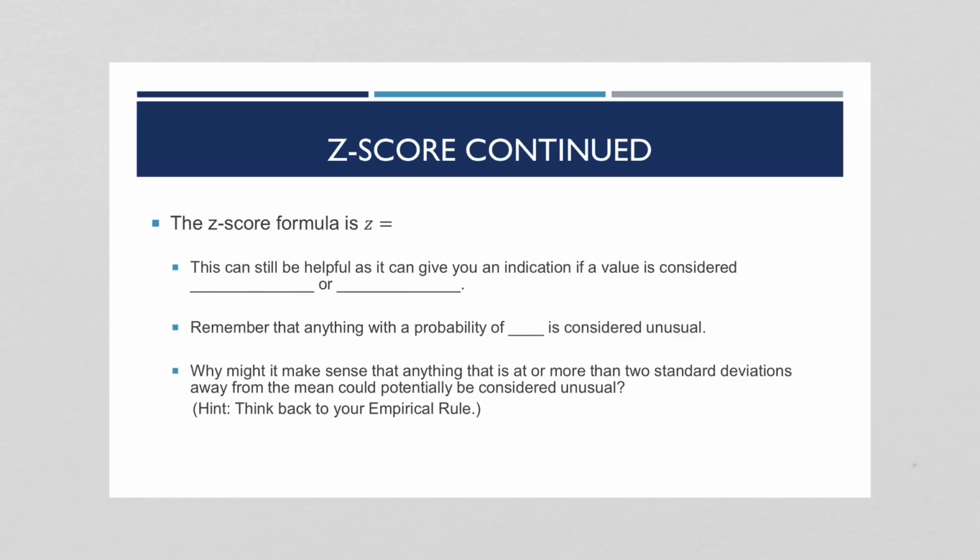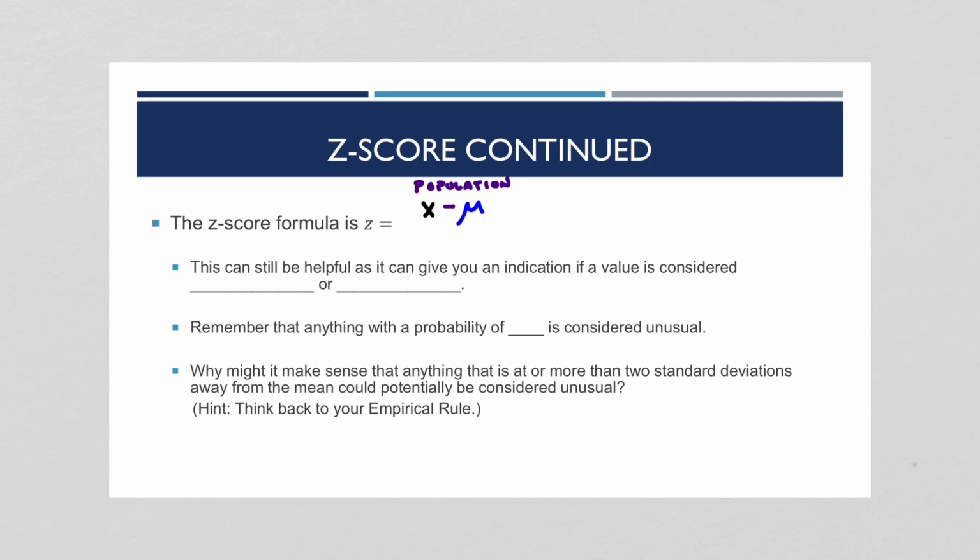Now let's talk about the z-score formula. I've talked about this idea of calculating it, so I'm sure there's a natural question buzzing through your mind: okay, how do I calculate it? So the z-score formula for a population is where you take your data value, which we're going to label as x, and we're going to subtract that from our population mean.